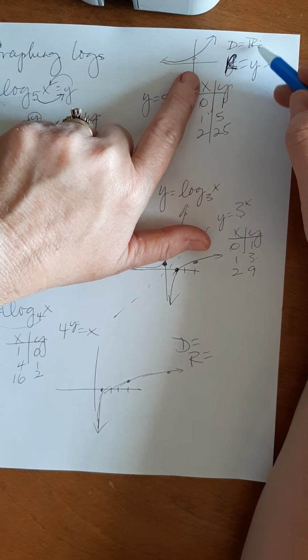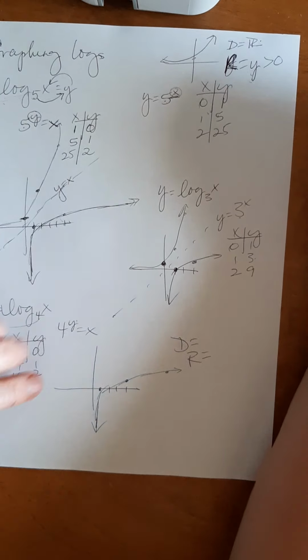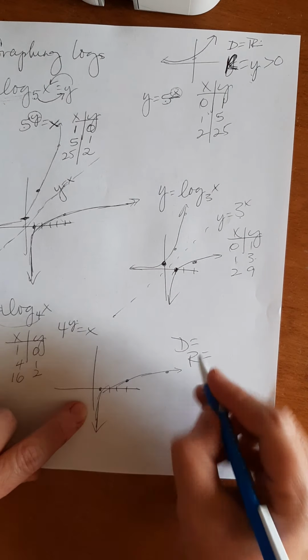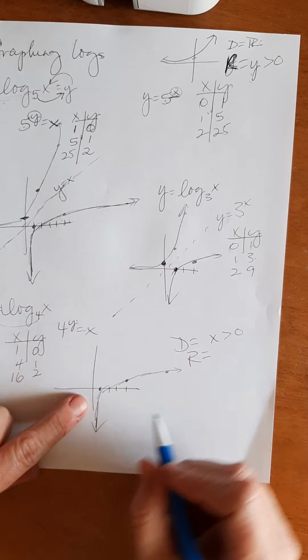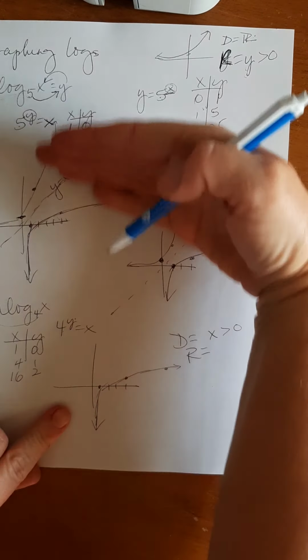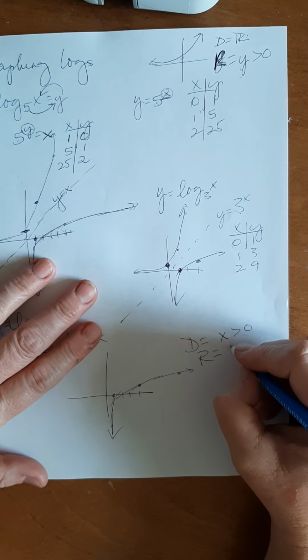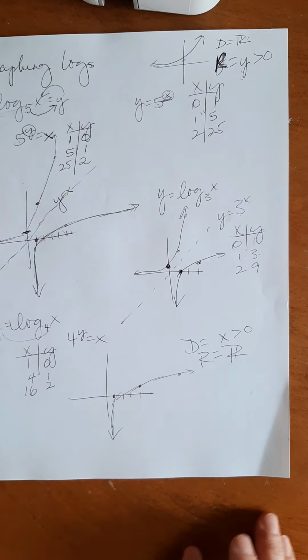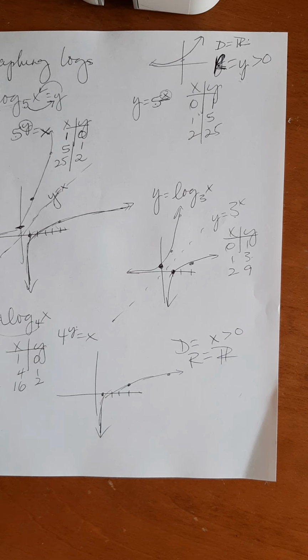Well, remember they're inverses, so that's going to swap with logarithms. The domain is x greater than 0, and the range, up or down, is all reals. So, fun fact there.